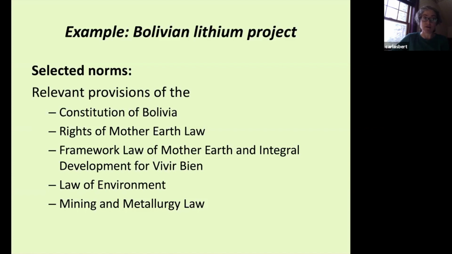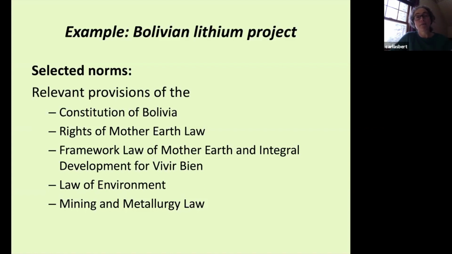And so I selected several laws: the Constitution, two laws that specifically discuss rights of nature, and then two laws that were prior to the introduction of the framework law of the rights of Mother Earth.